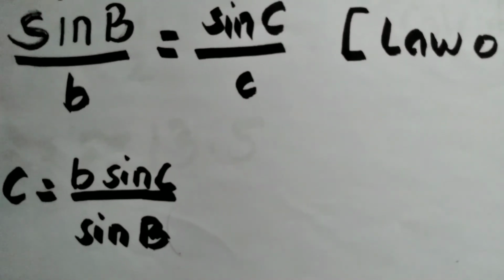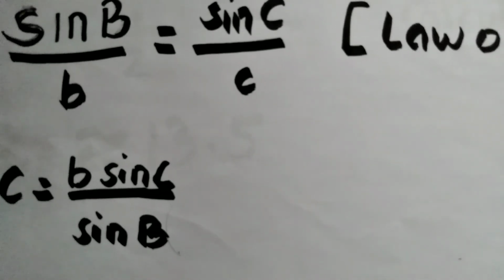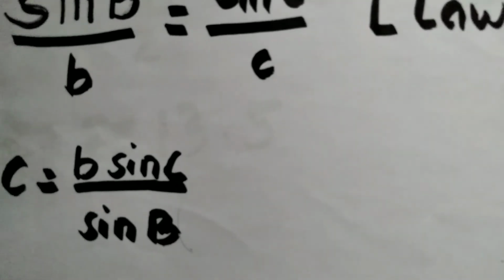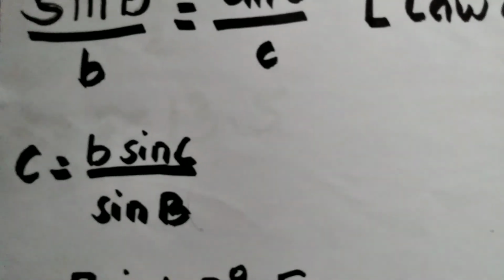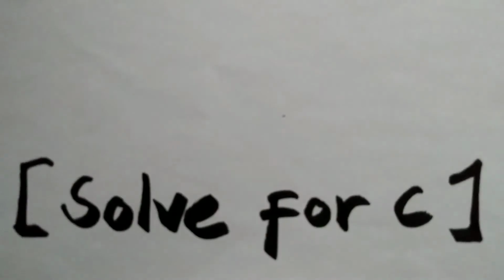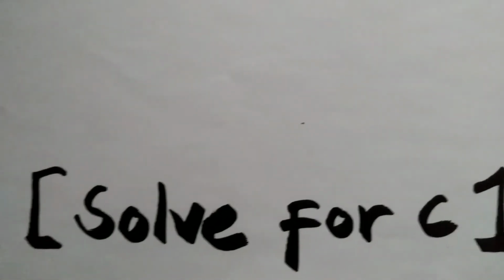So c equals side b times sine C over sine B. We put the values: 7 times sine 105 degrees over sine 30 degrees. We solve for side c by using a scientific calculator.